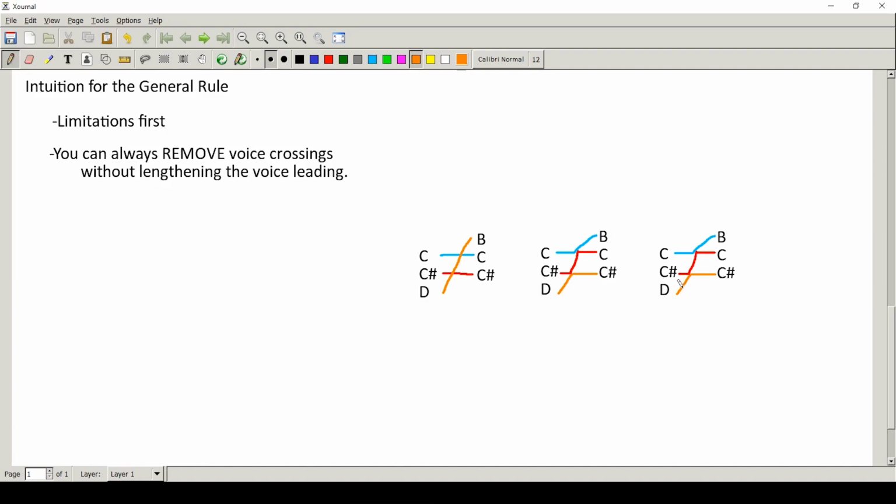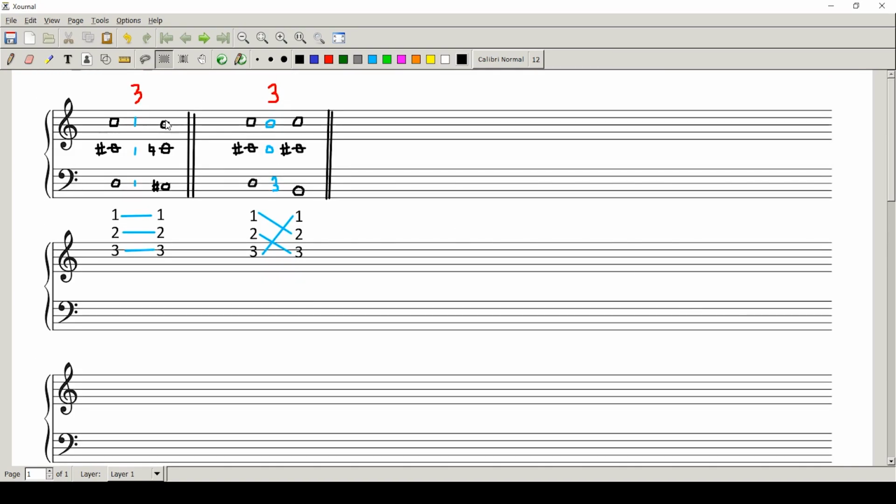So this orange thing, instead of having a corner, I just make it a straight line. Same for the red path, and same for the blue path right here. That makes it a little bit clearer that this second thing that we got when we removed the crossings is just the original voice leading that I came up with following the rule. C becomes B, C sharp becomes C, D becomes C sharp, everything goes down one semitone. That's what we did back here.